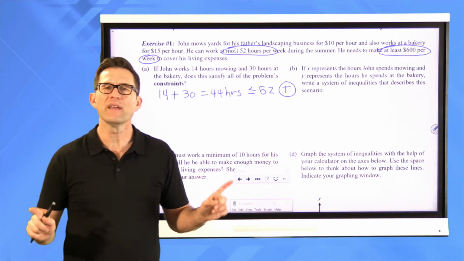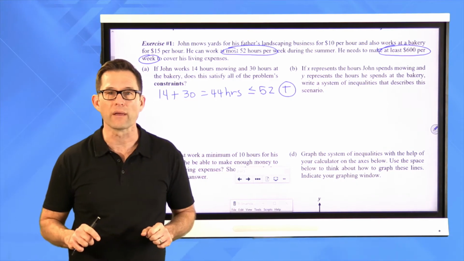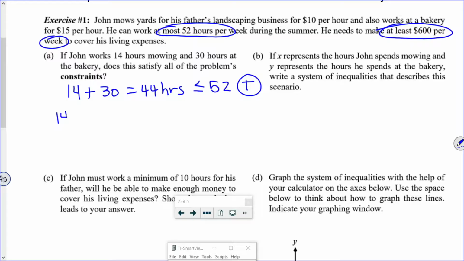Now, the one that takes a little bit more work is to see if he's going to make at least $600 per week. Well, how am I going to do that? I'm going to take those 14 hours per week and multiply it by how much he makes mowing yards, which is $10 per hour. I'm going to take the 30 hours per week and multiply it by how much he makes at the bakery, which is $15 an hour.